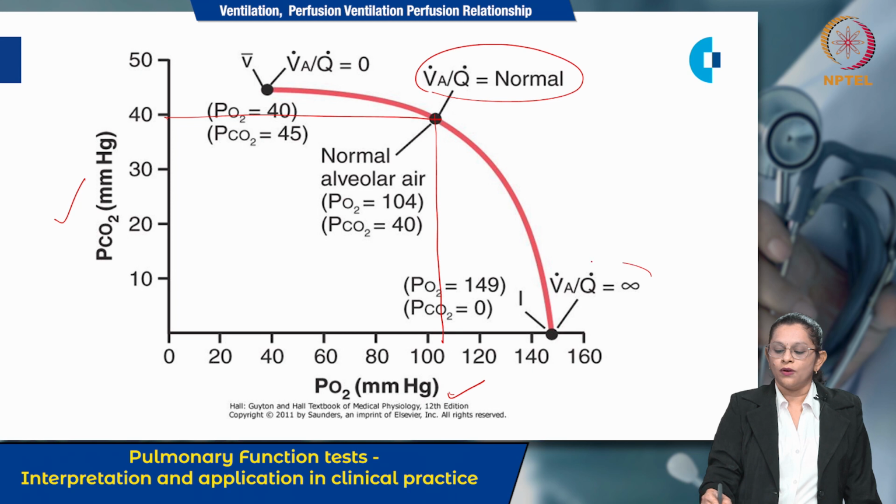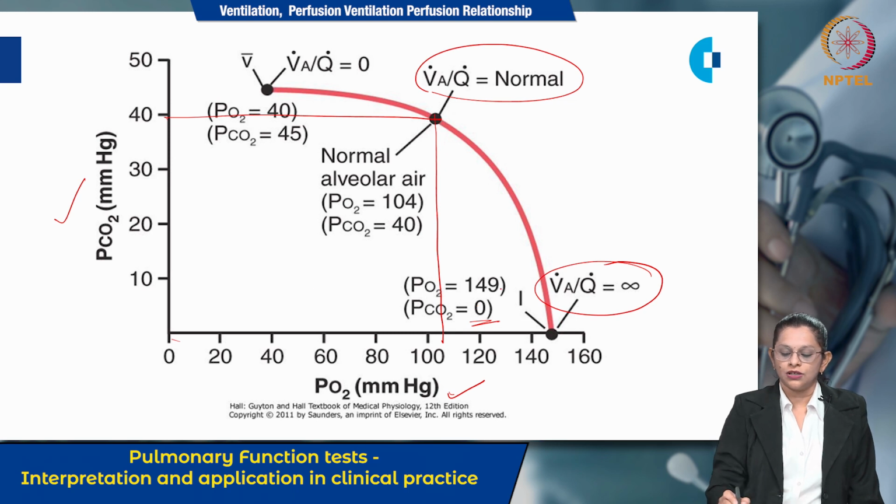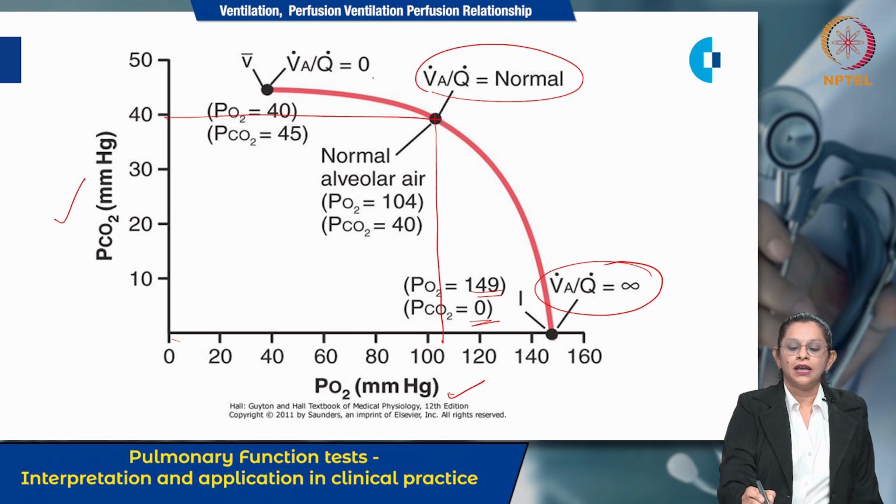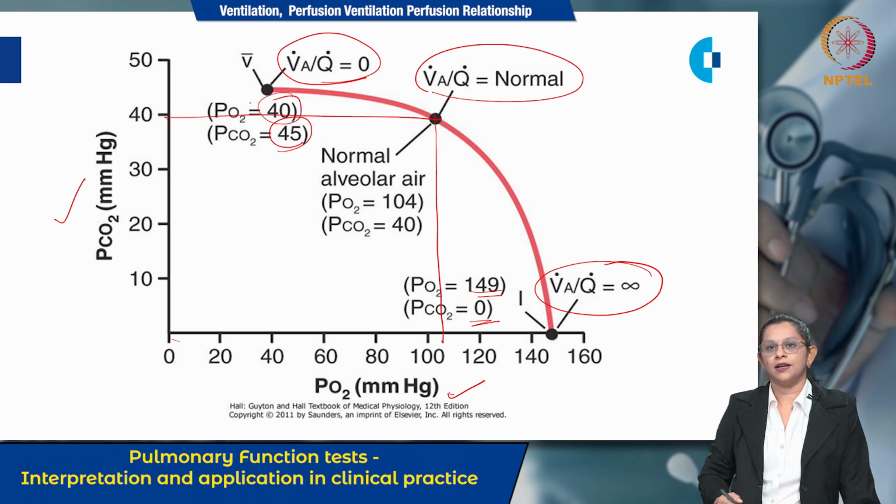When the VA/Q ratio is infinity, you can see that the PCO2 is around 0 and the PO2 is maximum, around 149. Again, when VA/Q is 0, the PCO2 is high, about 45, and the PO2 is around 40. Same as what we have explained in the previous slide. This is a graphical representation of the same.